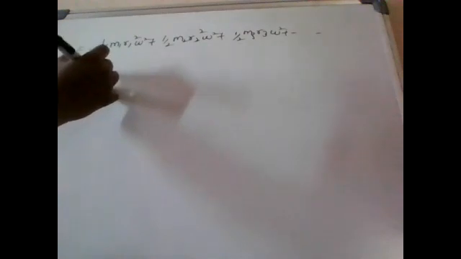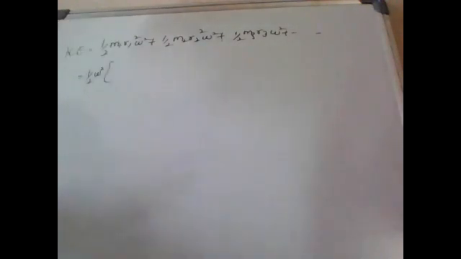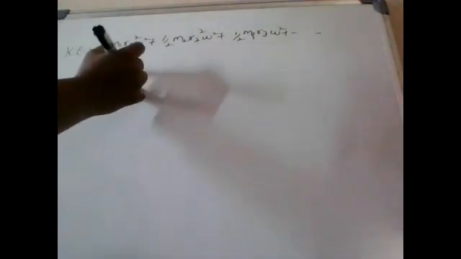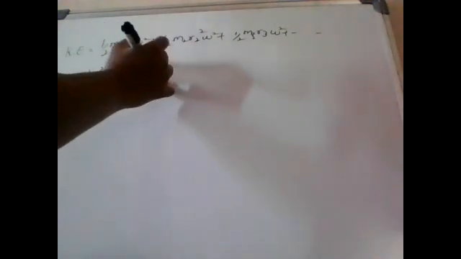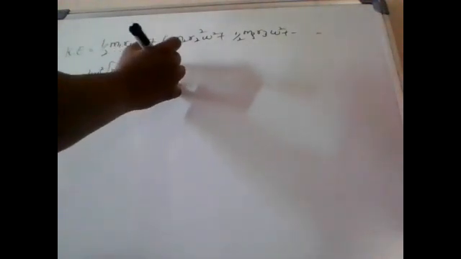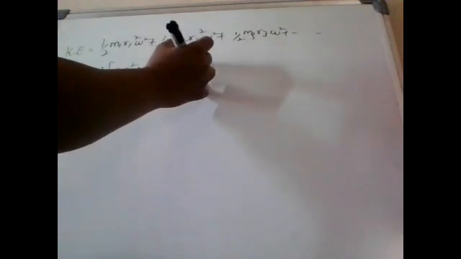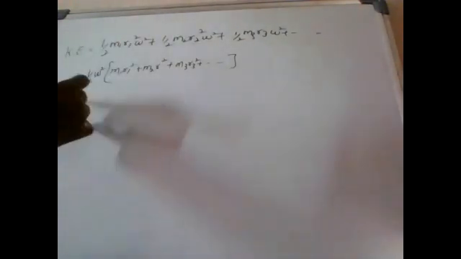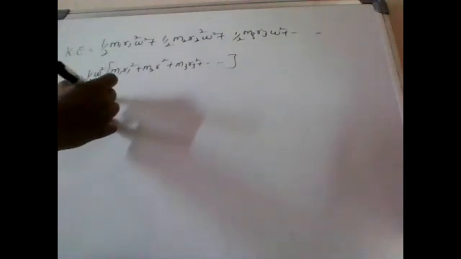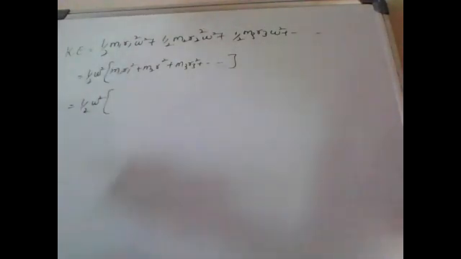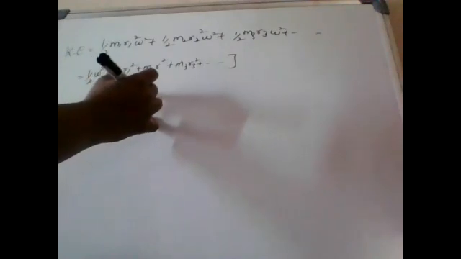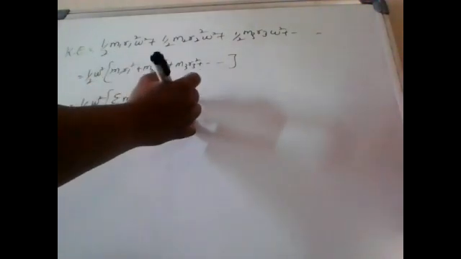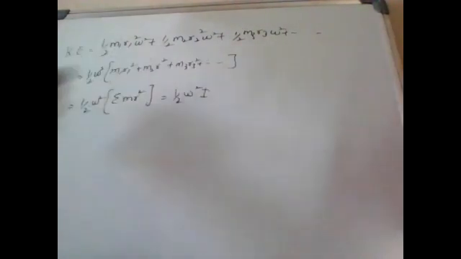Taking 1 by 2 omega square common, we get m1 r1 square plus m2 r2 square plus m3 r3 square plus so on, that is 1 by 2 omega square into summation m into r square, equal to 1 by 2 omega square into I.